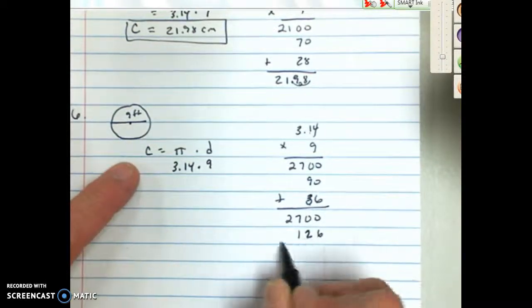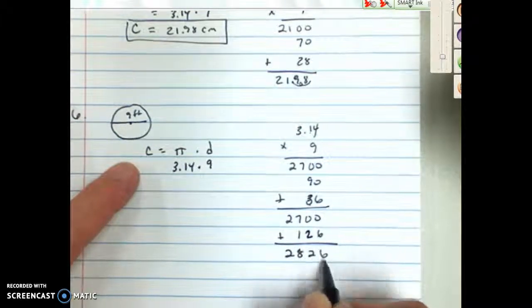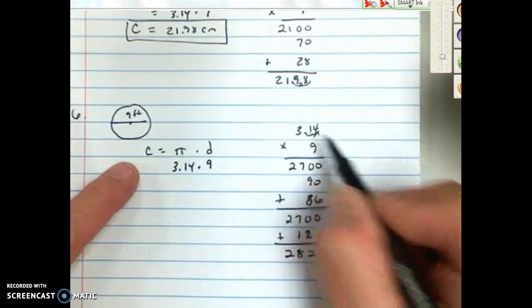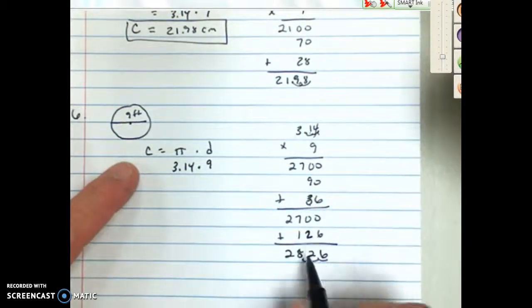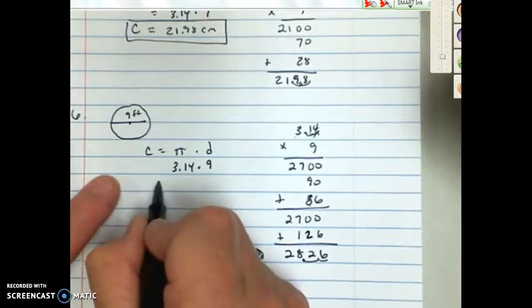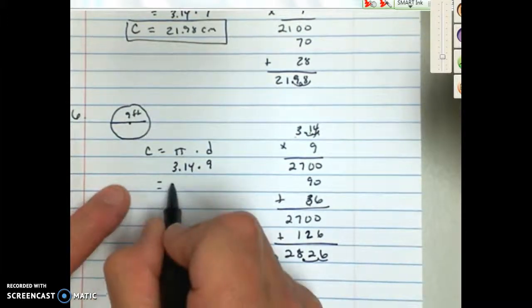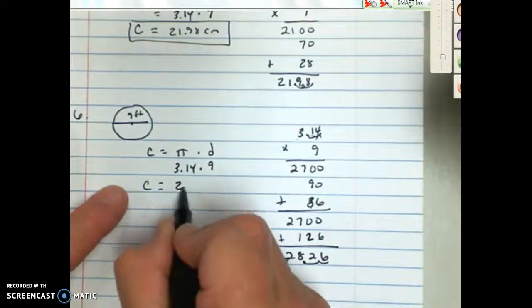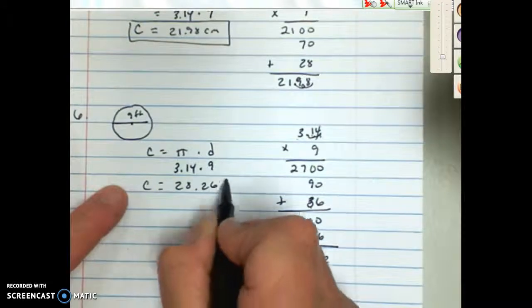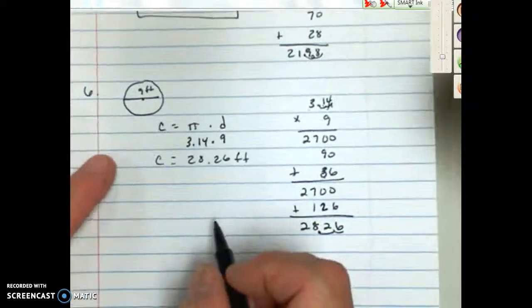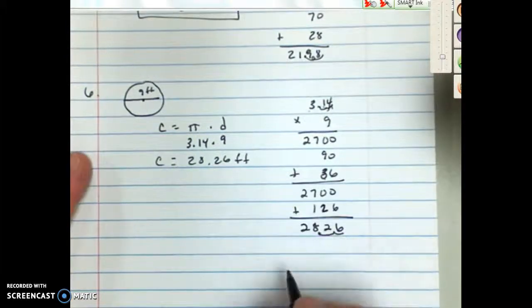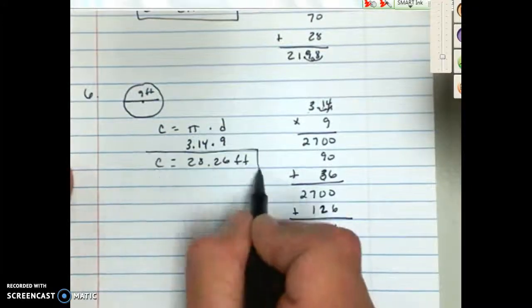And we'll add those two parts together. 2826. Decimal goes 2 places. So our circumference is calculated to be C is equal to 28.26 feet. And again, stop and pause and catch up and get your calculations finished up.